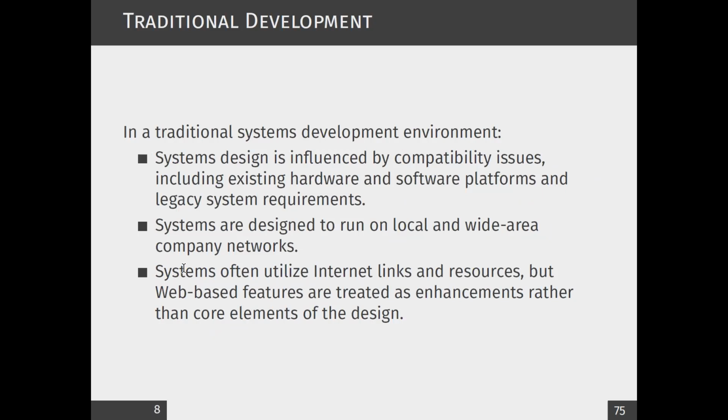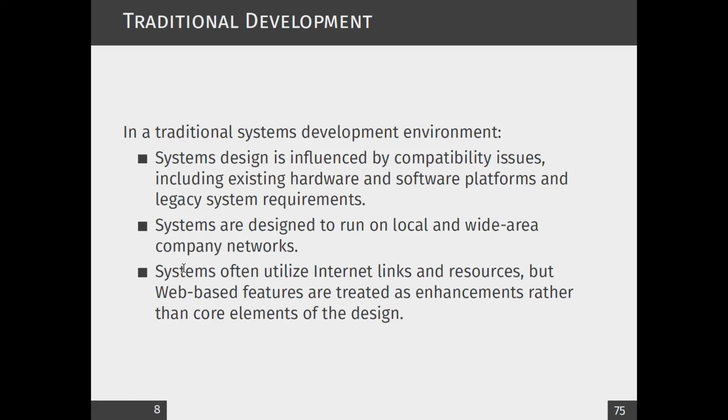Okay, if you look at the traditional system development environment, the design will be based on the compatibility of the existing hardware and software platforms. And sometimes if you have any legacy system, you have to think about those as well.